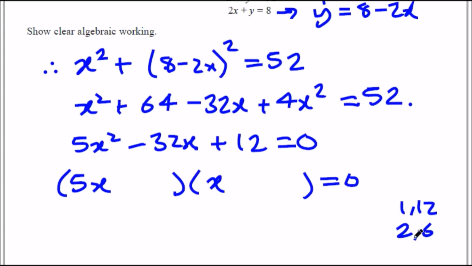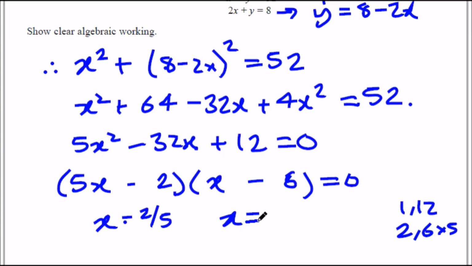If I multiply 6 by 5, we get 30, and we get 2, so we have a total of 32. That means 5 times 6 must occur here, and 2 must occur there. To get this negative, we must get minus 30 and minus 2. This means that 5x equals 2, or x equals 2/5, and x equals 6. Not bad.